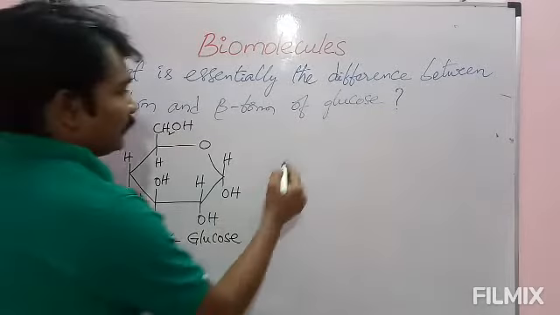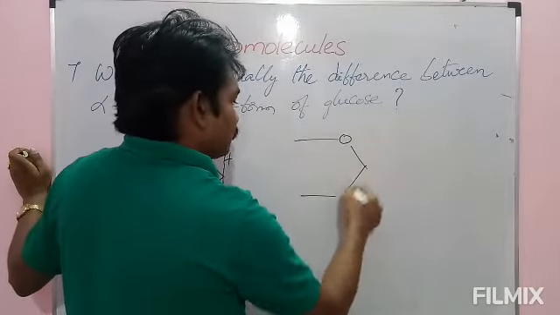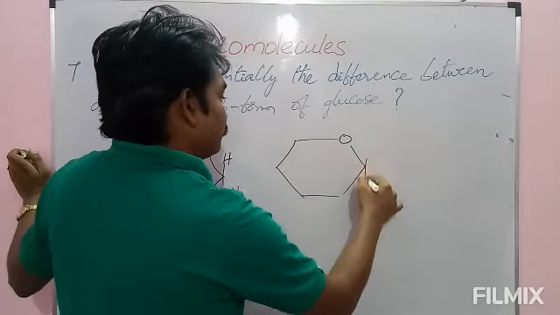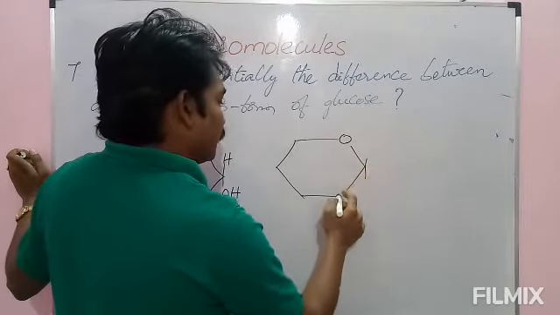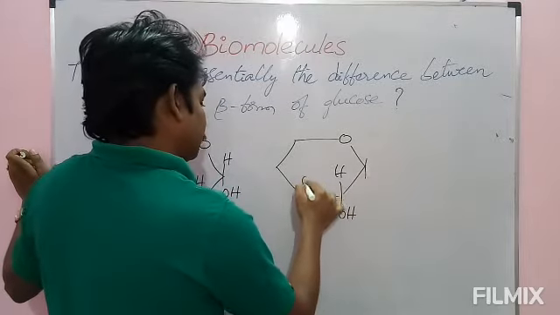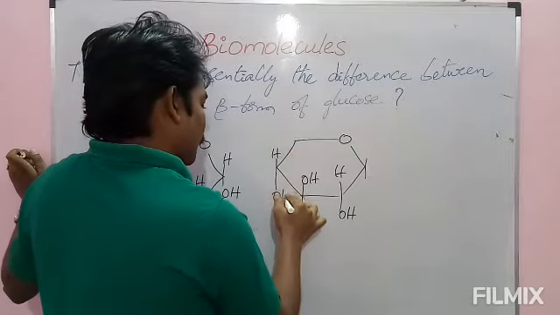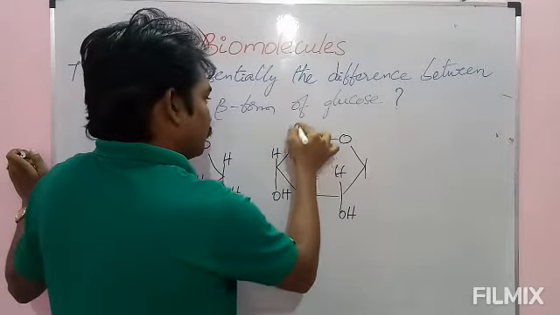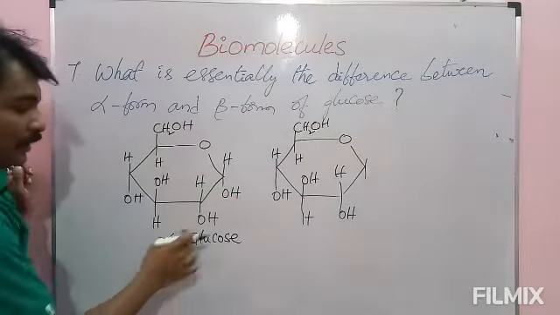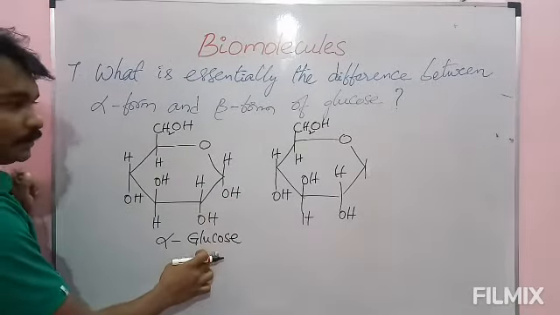Okay, alpha glucose. Let us check the difference. First I will write as it is, then you will understand easily. I will write the remaining part. See here, two large groups are present on the same side in alpha glucose.